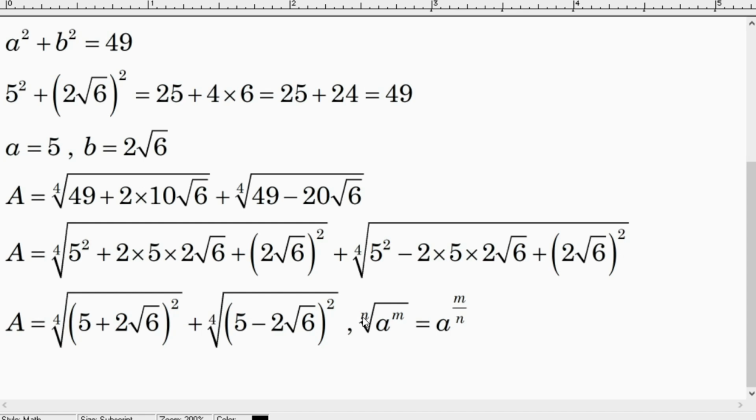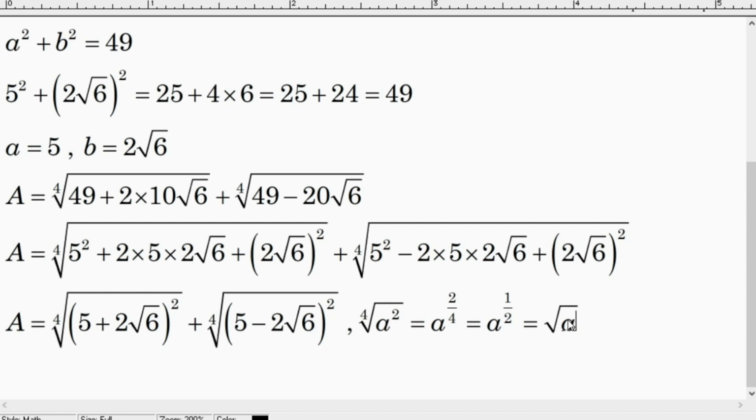Here n is 4 and m is 2. So let's say n is equal to 4 and m equal to 2, and then we get 2 divided by 4, then equal to a to the power of 1 half, which is equal to square root of a.